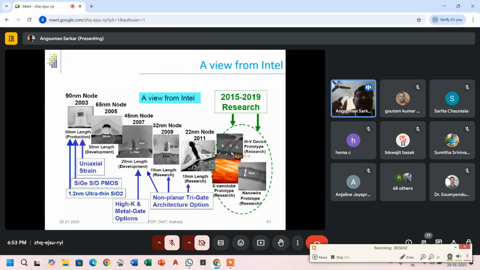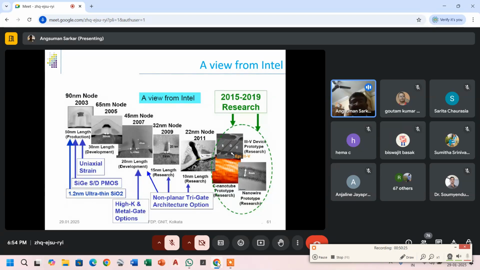Actually, the node is 45 nanometer, but the metallurgical gate length is 20 nanometer. 2007 is a very important year, where the high K concept and metal gate concept again came. So high K material like hafnium dioxide was introduced in 2007.